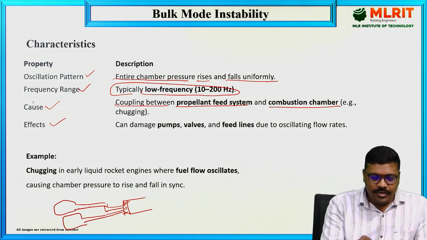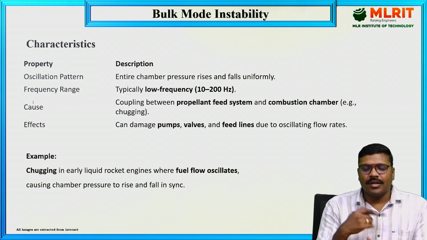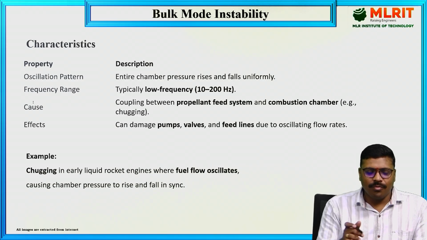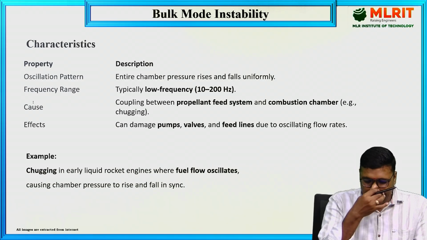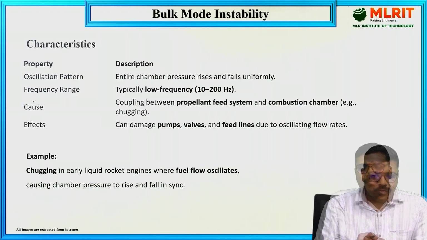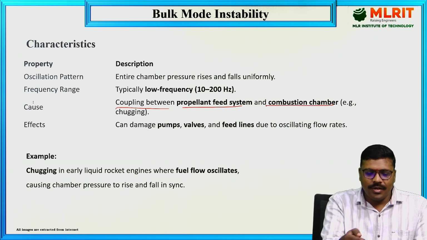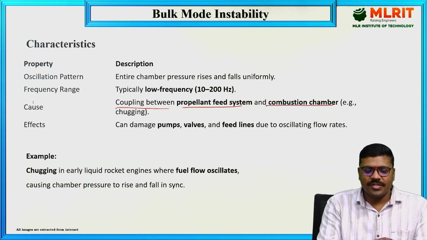So the coupling between the fuel feeding system and the combustion chamber leads to the bulk mode of combustion instability, and also the delay in the feedback, the combustion delay, right?